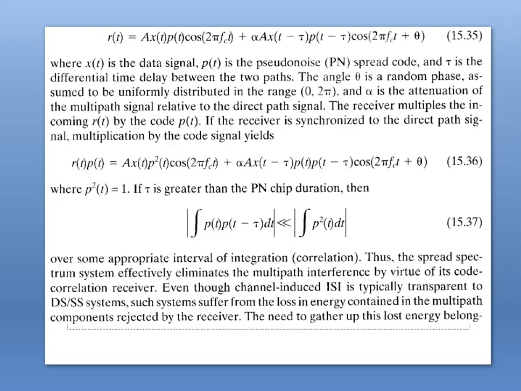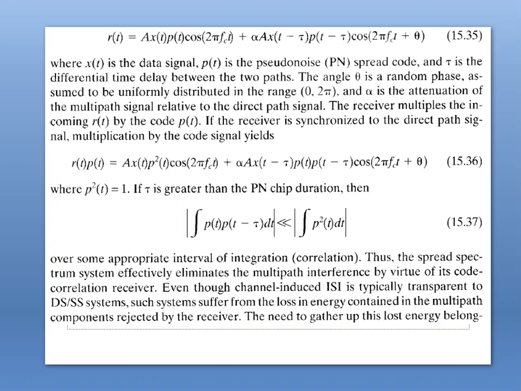Even though the channel induced ISI is typically transparent to spread spectrum systems, such systems suffer from a loss in energy contained in the multipath components rejected by the receiver.